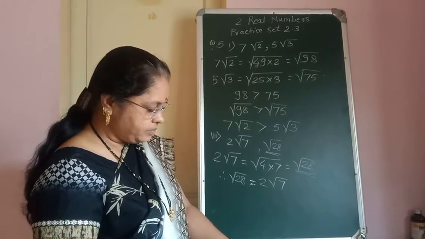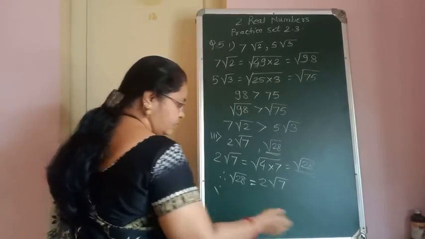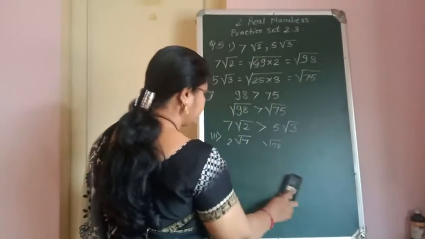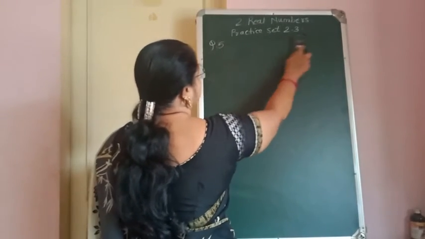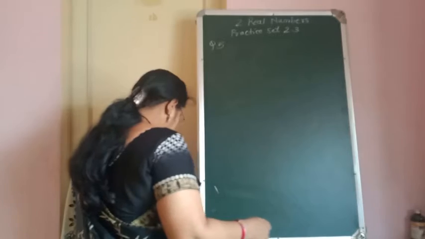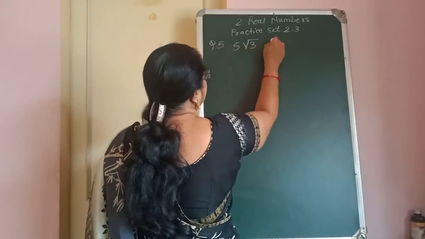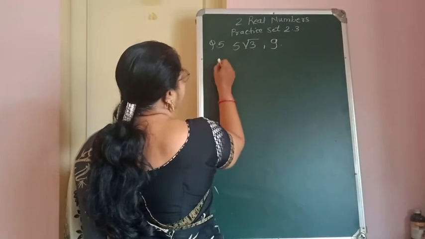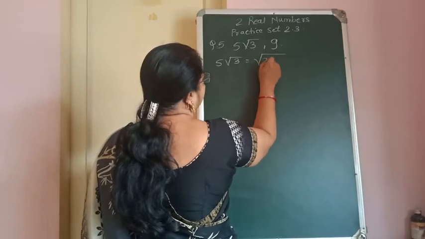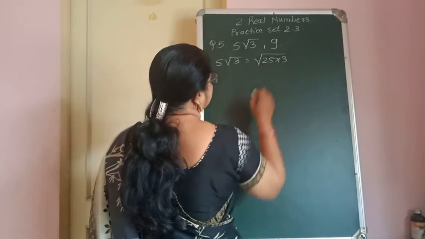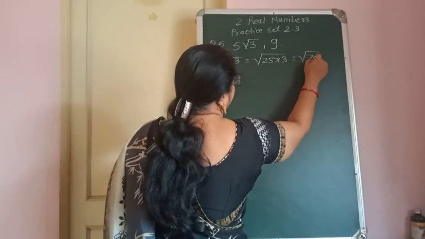In similar manner, sixth example, 5 root 3 and 9. So 5 root 3 can be written as square root of 25 into 3, that is square root of 75.